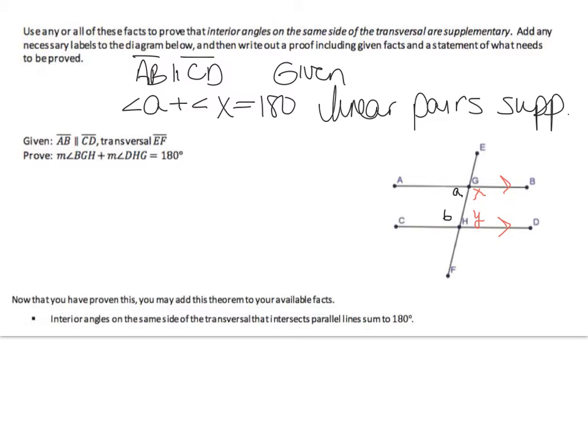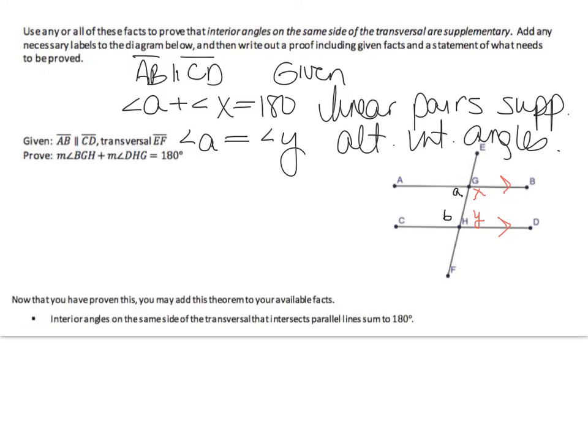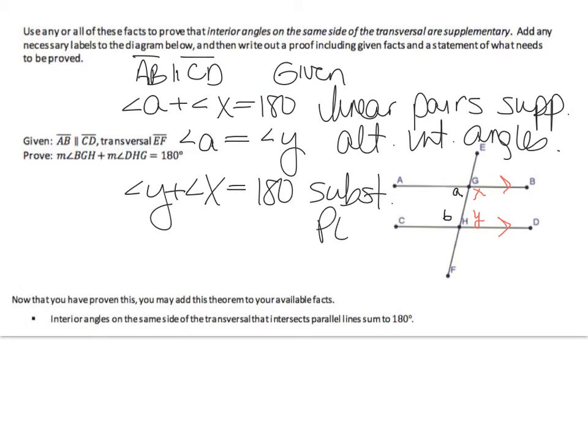And then I can say that angle A is equal in measure to angle Y because they are alternate interior angles. And then once I know that angle A is equal to angle Y, I can say that angle Y plus angle X is equal to 180 because of the substitution property of equality.